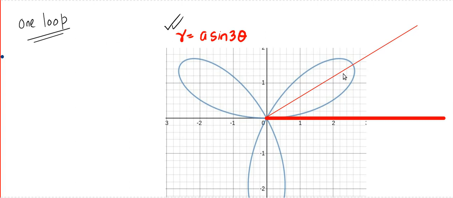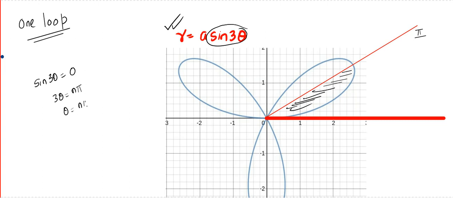So I'm going to find from this much. And this is actually pi by... if you're confused, I have one method. Equate this r to 0. So we get sine 3 theta is equal to 0. So 3 theta is equal to n pi because sine becomes 0 like that.